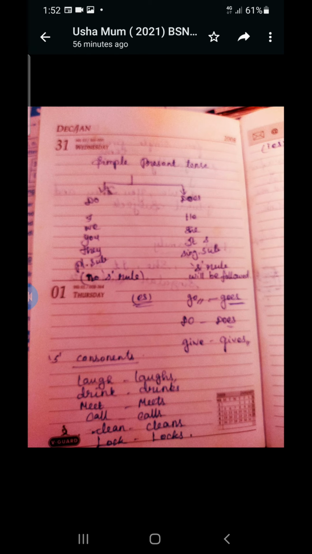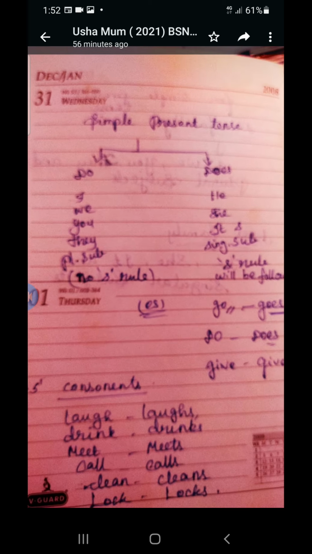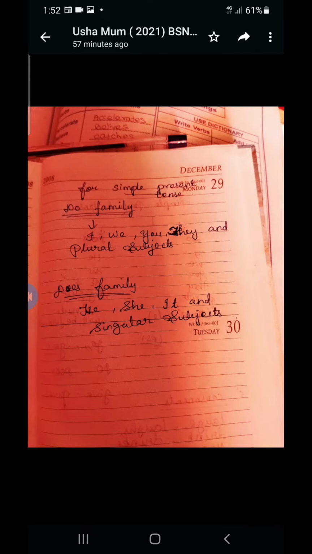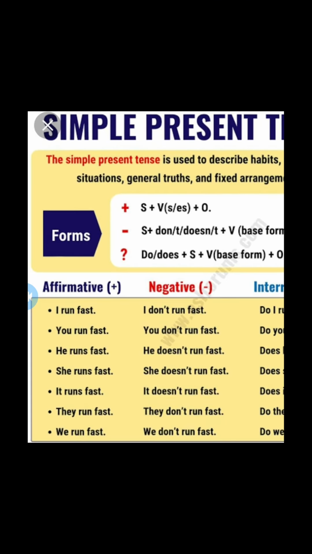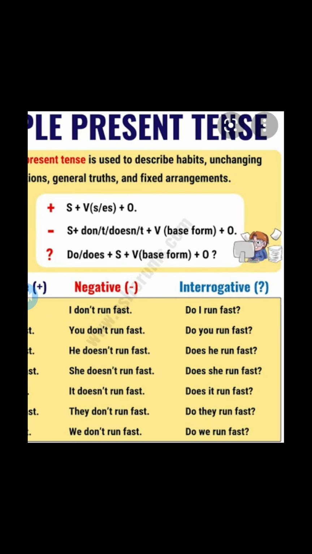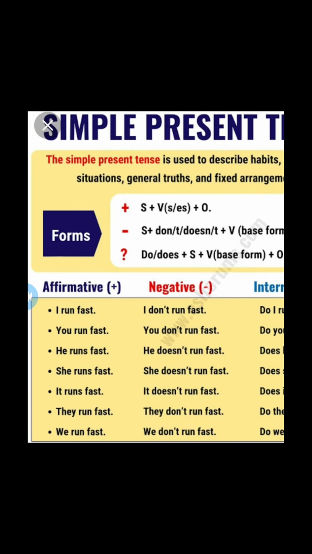Now listen, in simple present tense, we have two families, do family and does family. In do family, we have some members. In does family, we have some members. Now look at, first I said in simple present tense there are four types: affirmative, positive, negative, informative and interrogative.